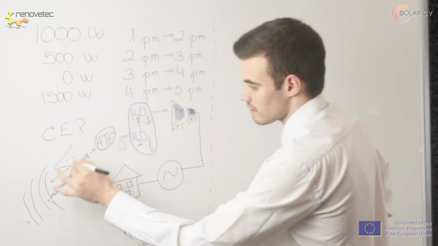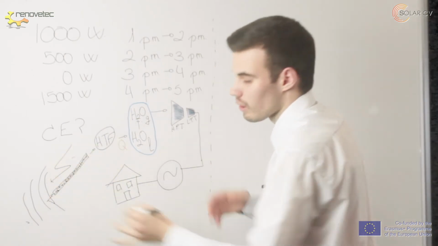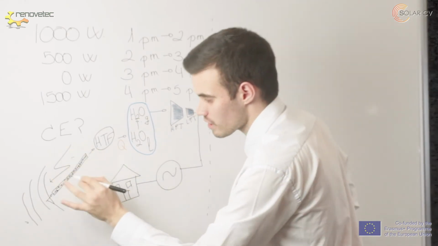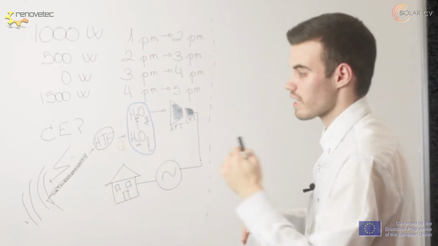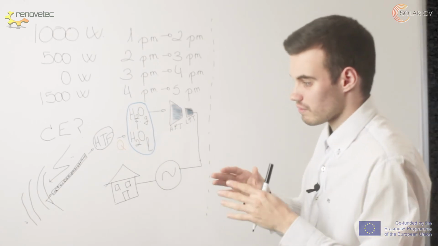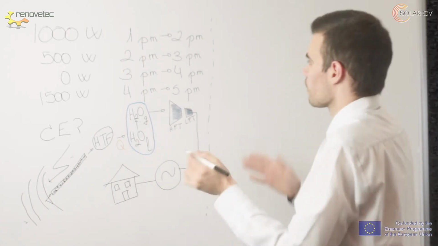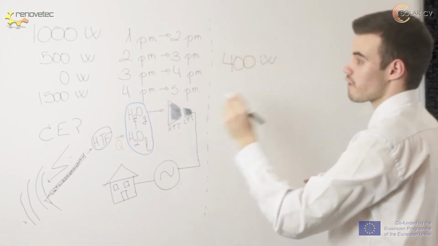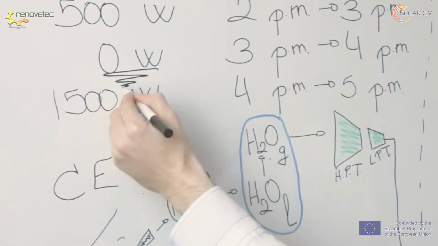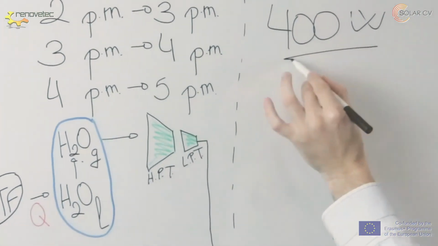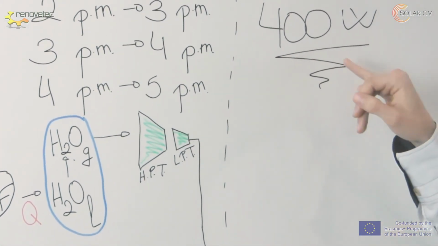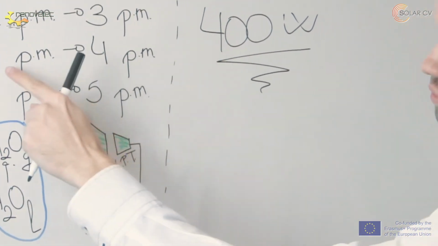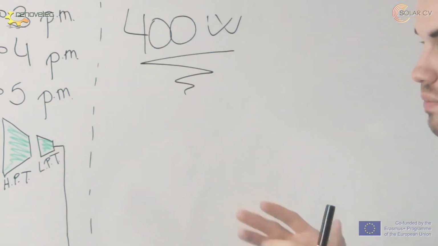So really, we are always going to have irradiation, but if this irradiation is not higher than a required limit, for example, I don't know, 400 watts, if the irradiation here is not higher than this limit, we are going to consider zero irradiation from 3 p.m. to 4 p.m. for this period.